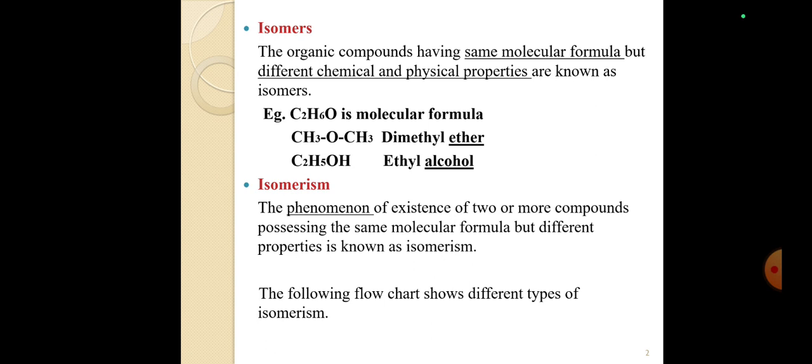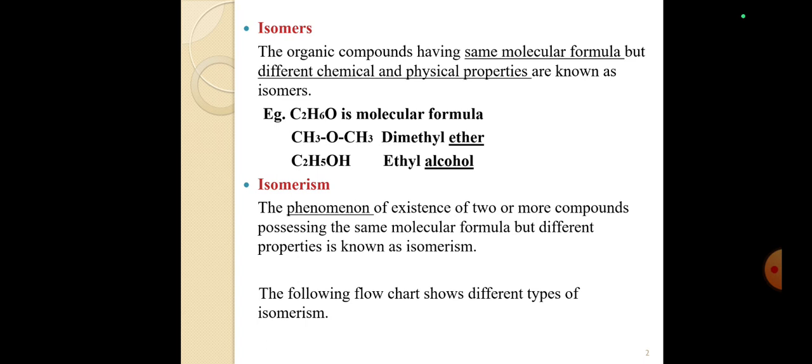The molecular formula represents how many carbon atoms, how many hydrogens, or some other element are present in it. By using the same molecular formula, we can prepare two or more organic compounds with the same or different functional groups and with different structures also.